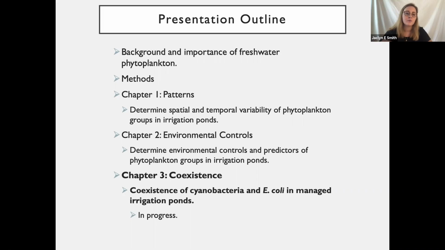And then also chapter 2, I have the environmental controls and predictors of these phytoplankton groups within the ponds. I also have a 3rd chapter, which is still kind of in progress, looking at the coexistence of cyanobacteria as well as E. coli in managed irrigation ponds. So this is still in progress, and today's talk, I'm only going to be diving into chapters 1 and 2. I will not be talking about chapter 3.